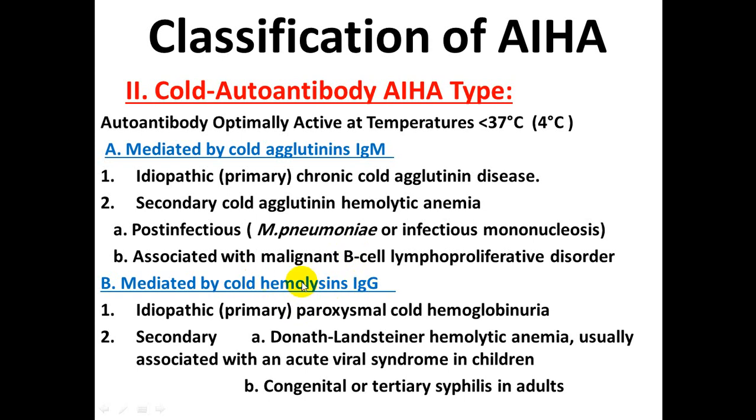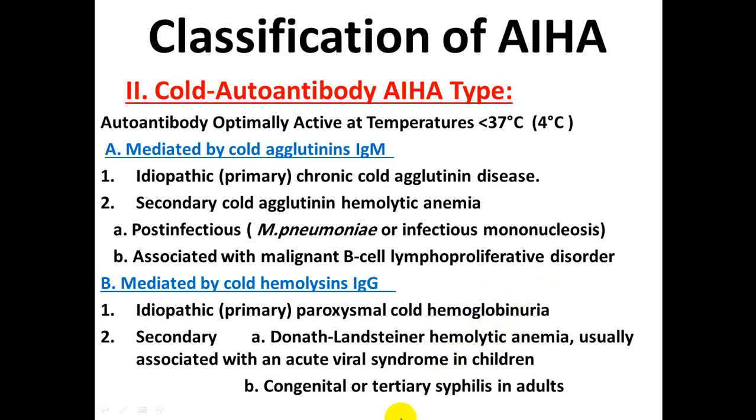Mediated by cold hemolysins immunoglobulin: idiopathic, which is named paroxysmal cold hemoglobinuria. Remember that we spoke about paroxysmal nocturnal hemoglobinuria, the defect in the red cell membrane, with hemolysis during sleep.